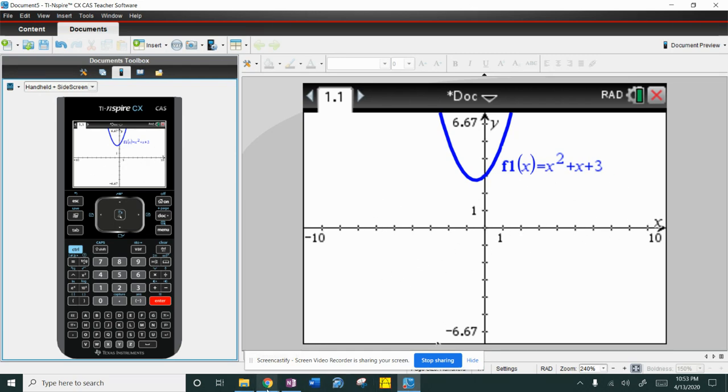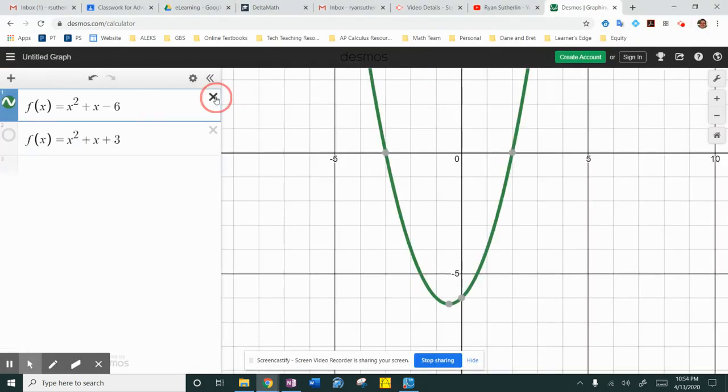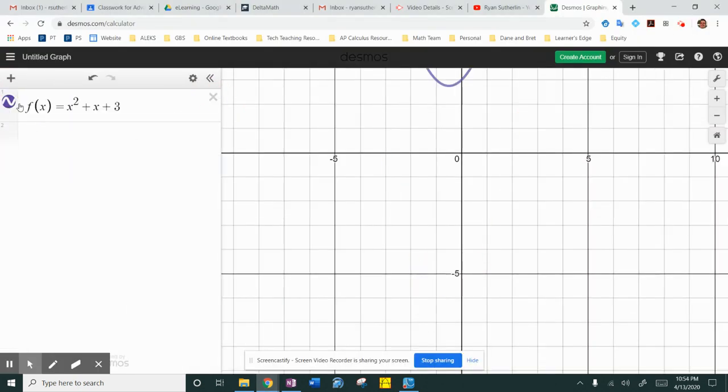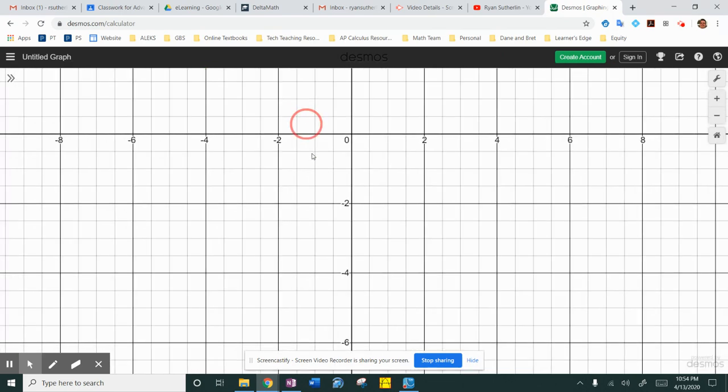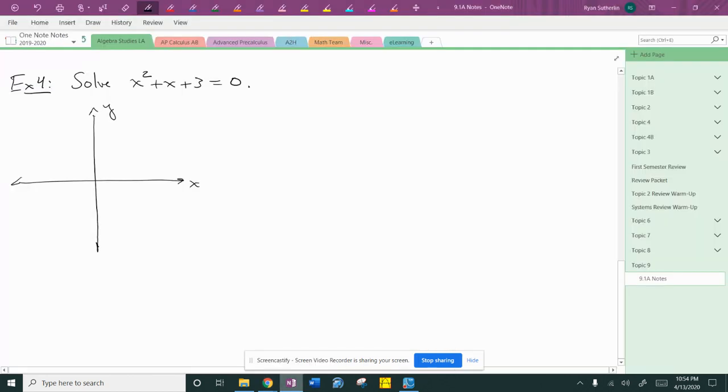Let's check and see if the same thing happened with Desmos. I'm going to X out example 3. Here's example 4. It's kind of off the grid, so I move it around. It never crosses the x-axis. So I would sketch my graph like this, and I would say this equation has no solution, right? It never crosses the x-axis.